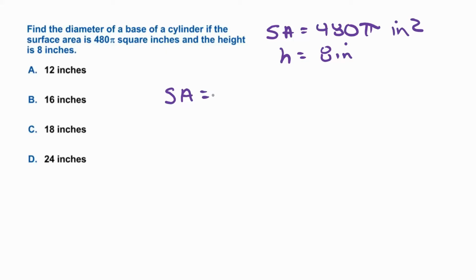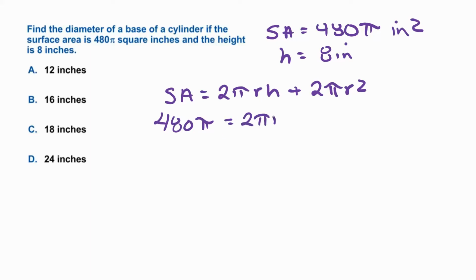Our formula for surface area would be the lateral area, which is 2 pi rh, plus 2 times the base, so 2 pi r squared. Surface area we're given is 480 pi, equals 2 pi r. We're given that the height is h, plus 2 pi r squared.